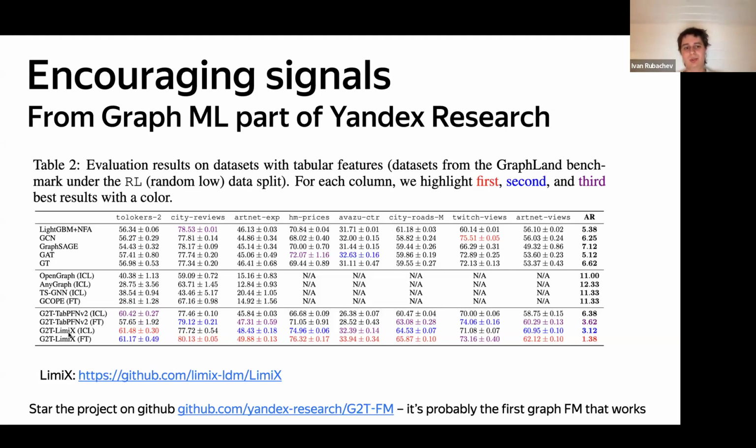And the Limix model shows that there is untapped potential in the pre-training. It just introduces minor changes into the pre-training of TabPFN, uses a very similar architecture, and you can see a difference between TabPFN v2 and Limix. And Limix fine-tune is the clear number one model even on a graph benchmark.